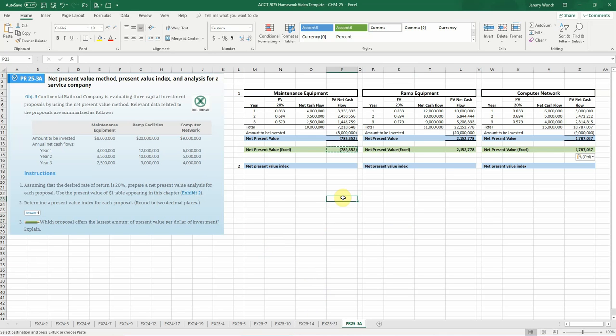In part 2, it asks us to calculate the present value index number. For our index number, we just take the net value of the cash flows and divide that by the investment. Let's turn it back to positive. Since we have negative here, we'll flip it back to positive.